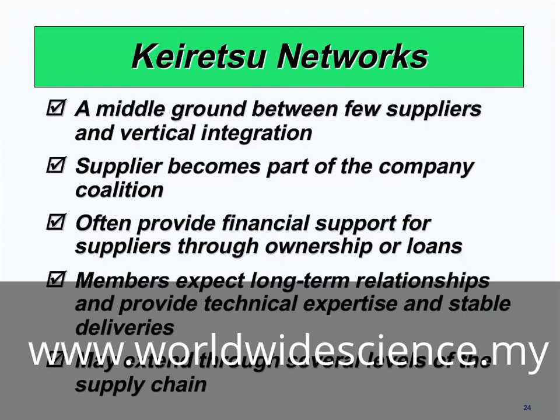Keiretsu network. Keiretsu network is a strategy between few suppliers and vertical integration. Suppliers become a part of the company coalition. It means that when you use the keiretsu strategy, you don't do the vertical integration strategy.